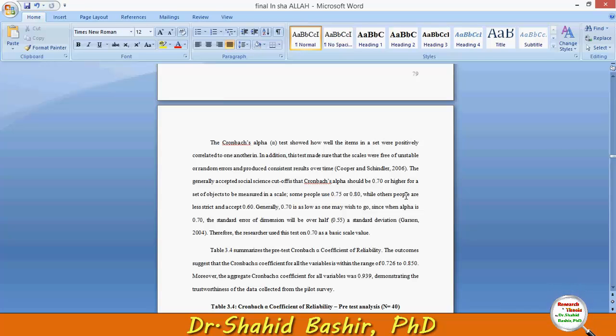So what does this mean? Suppose you are conducting a survey from one particular area which has four sections. From each section, you have taken at least 40 to 50 people as your sample size.